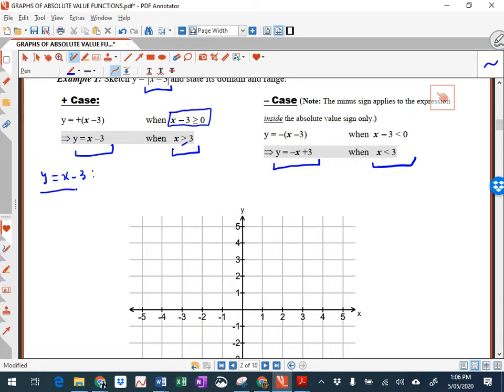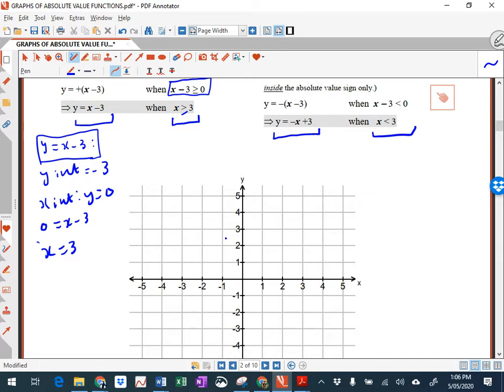We know that it's got a y-intercept equal to negative 3 just by inspection. Now for the x-intercept, you put y equals 0, so it gives you 0 equals x minus 3, and then x is equal to 3. Okay, so for this line, x minus 3, it's got two intercepts.